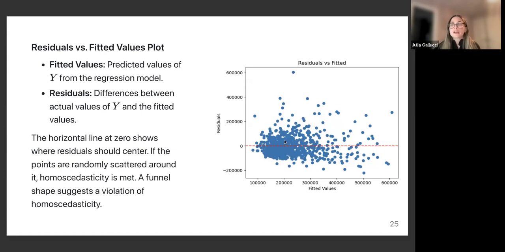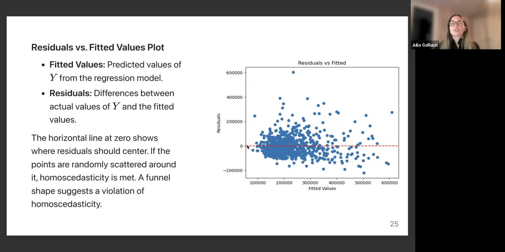If the points are randomly scattered around the 0 line with no discernible patterns, this would suggest homoscedasticity is met, meaning that the variance in residuals is constant across all values of x. Across all predicted values of y, we don't see any patterns.